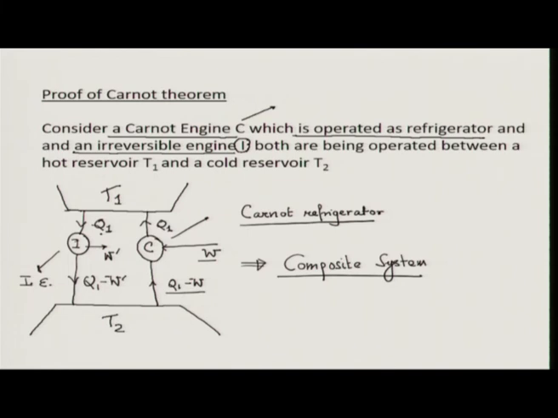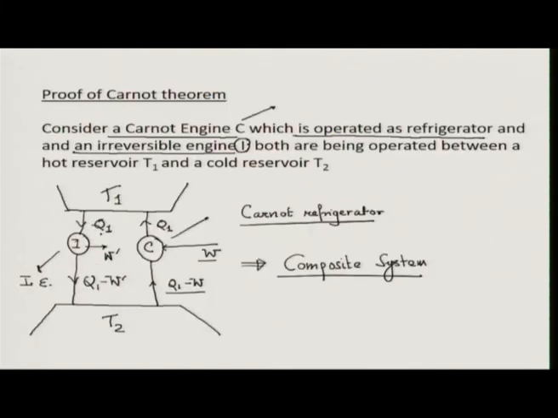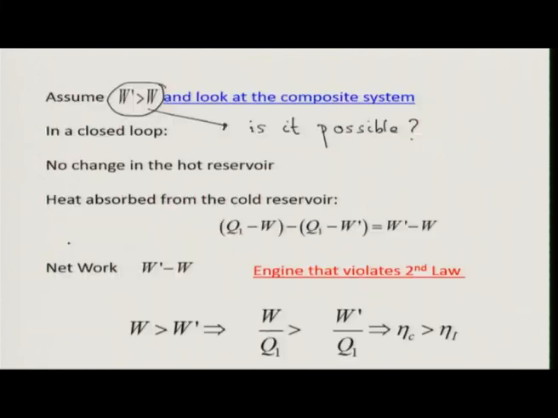Question is, what is the composite system? In a closed loop, what is the change in the hot reservoir? Q1 heat is released by the Carnot and Q1 heat is extracted by the irreversible engine. So the net change in the hot reservoir is 0, no heat absorbed, no heat released.